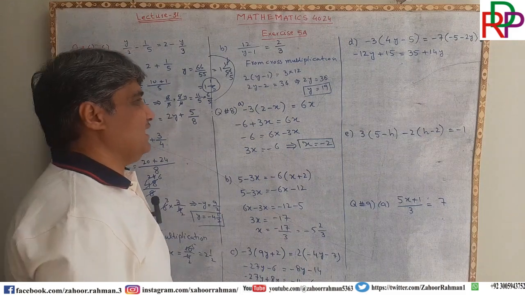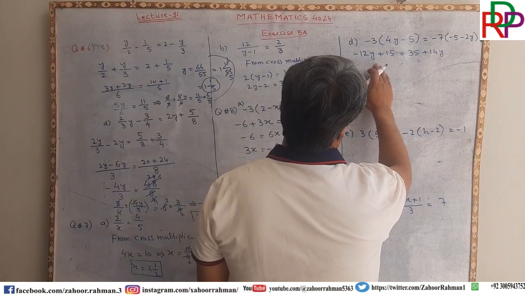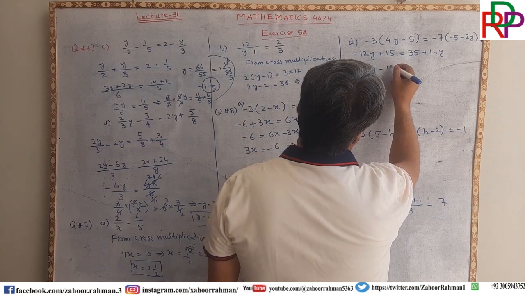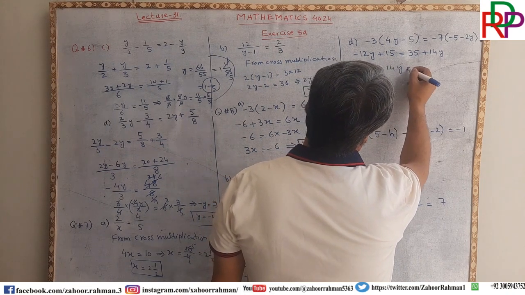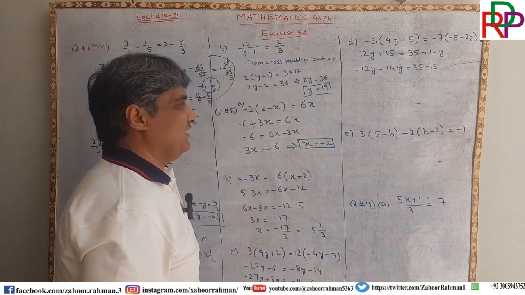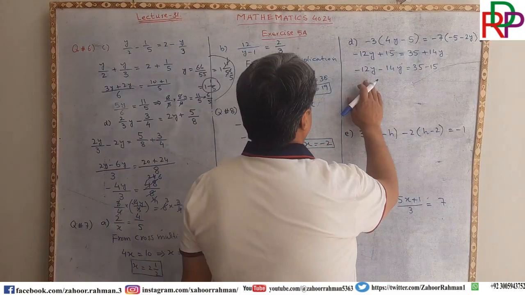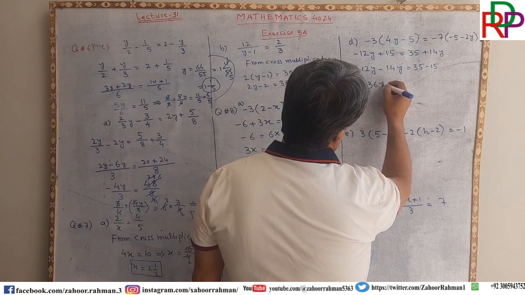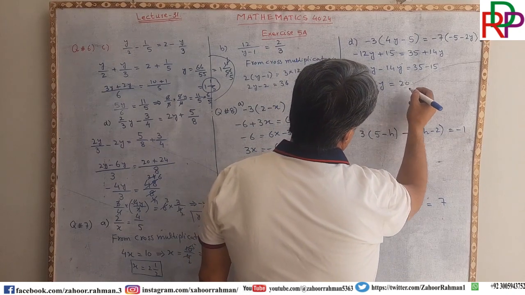Next, we write the variable on the same side and the constant on the other side, and then we evaluate it. So it will be minus 36y equals 20.